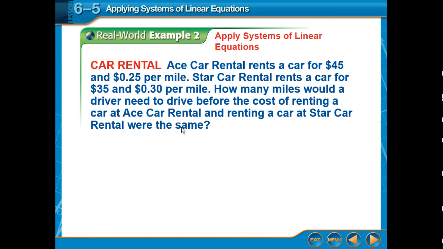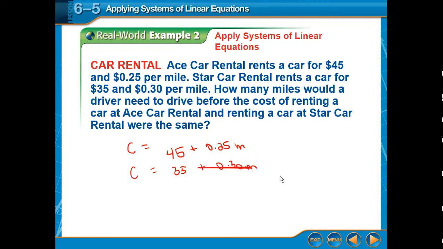So we'll say C is the cost. The cost of renting the car for Ace is $45, and then on top of that, 0.25 times the number of miles. For Star Car Rental, it is 35 and then 30 cents per mile.